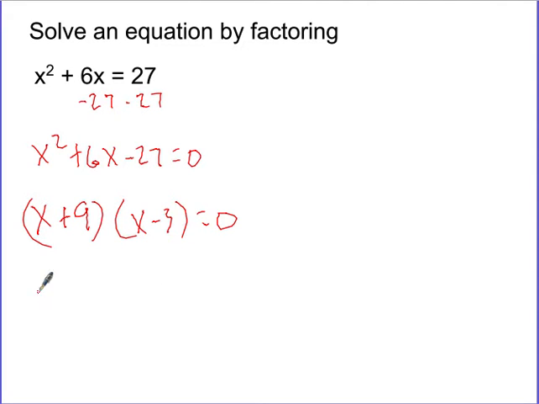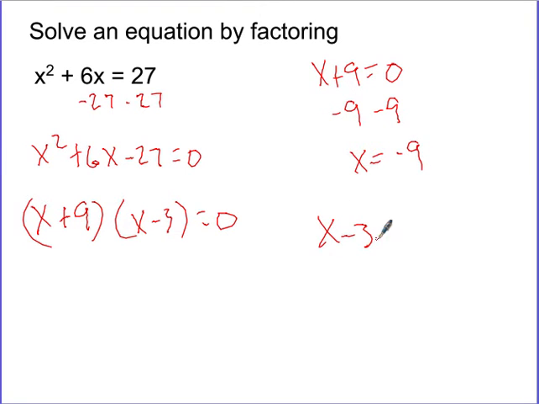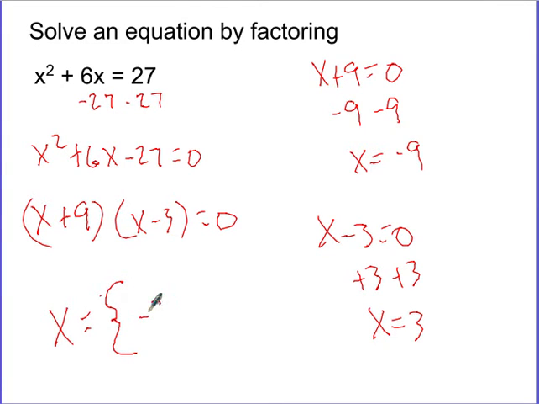It's equal to 0, so I just set each one of them equal to 0. x plus 9 equals 0, x equals negative 9. And then x minus 3 equals 0. Add 3, so x equals 3. So my solution set, x equals negative 9 and 3.